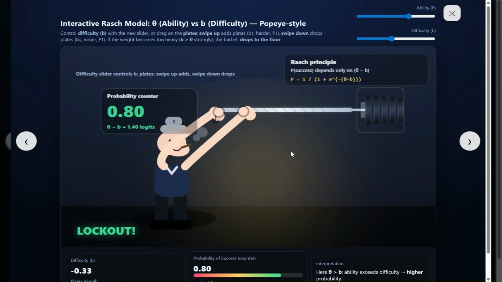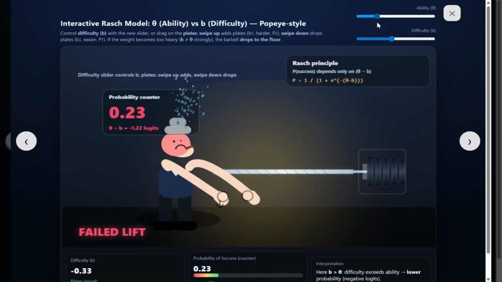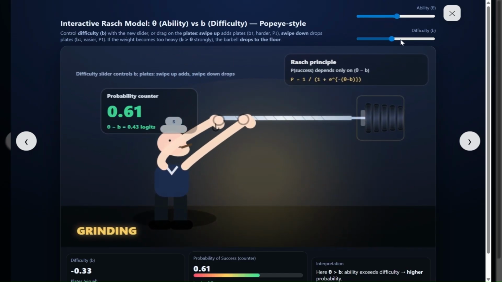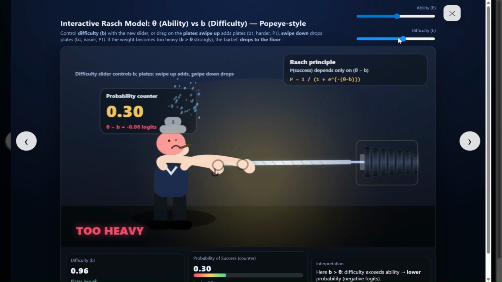and not the ability of the person, much as the weight of a barbell is not changed by who lifts it. For example, here the weight is fixed, but we change the ability. Or here we change the difficulty, but the ability is fixed.